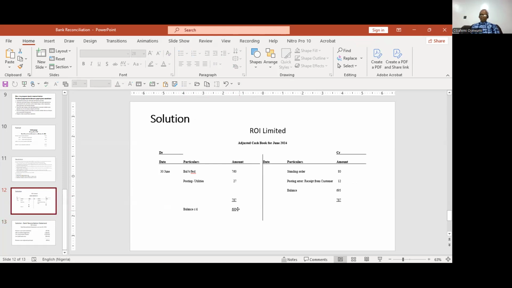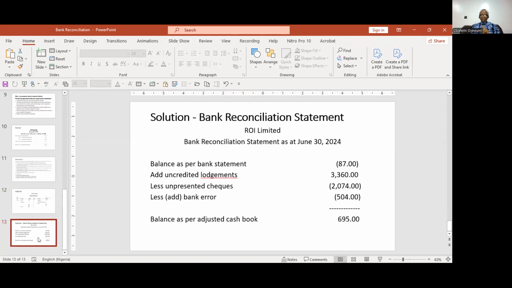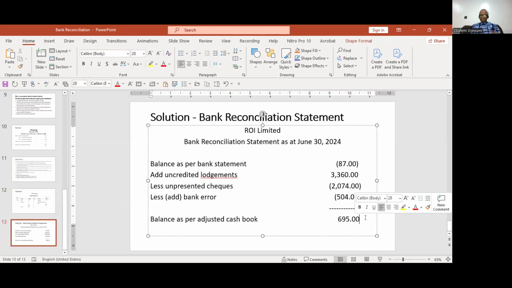So in that case, it means that we have been able to reconcile and agree the two balances. We are able to reconcile the two balances to say, okay, this is the figure that we now have, the new figure in our adjusted cash book balance. And that will bring us to the end of that particular question.